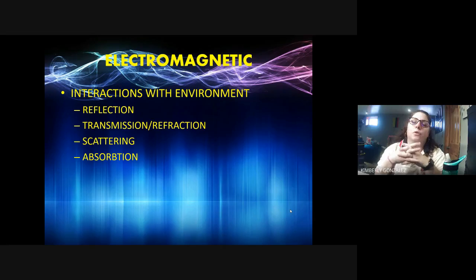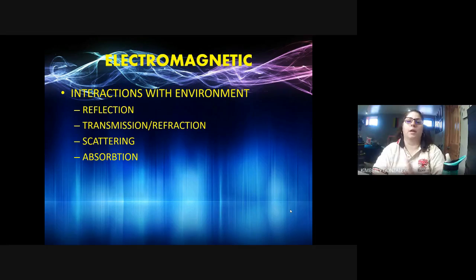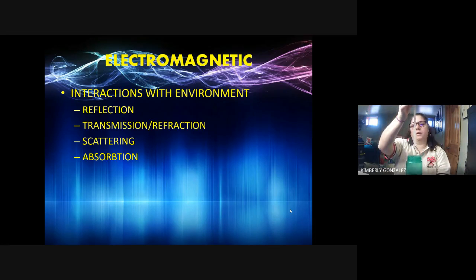Reflection is when the energy hits something and bounces right off, so you can see it. Basically, that's all it is. Refraction is a fun one. You see my straw here? You see how it's straight? Watch what happens when I put it into the water.